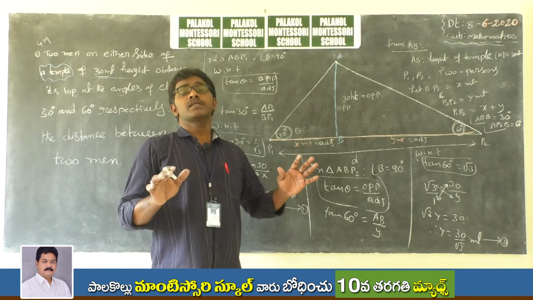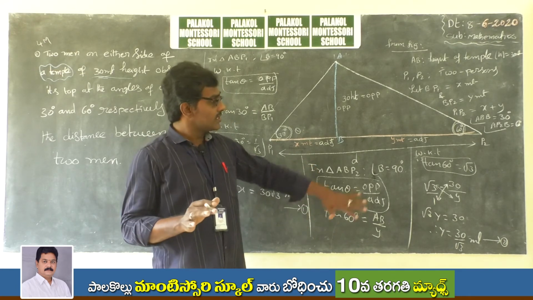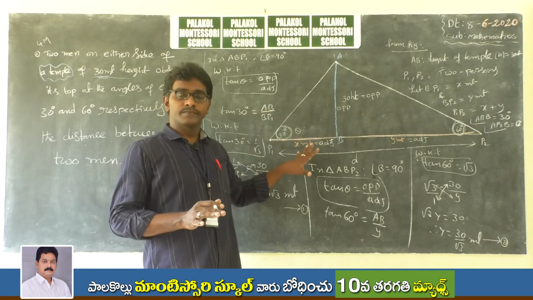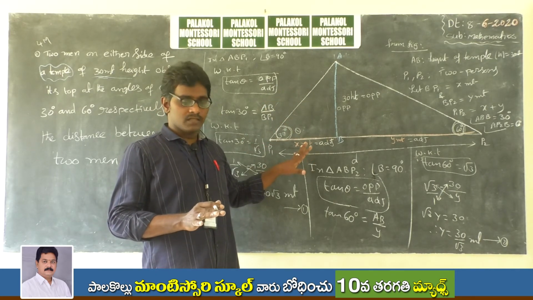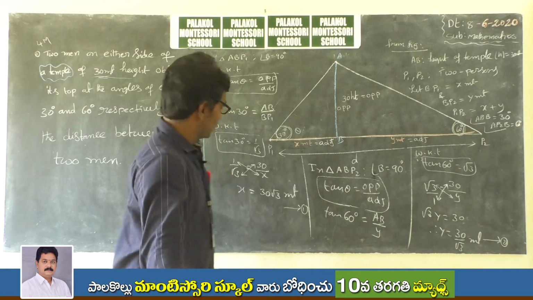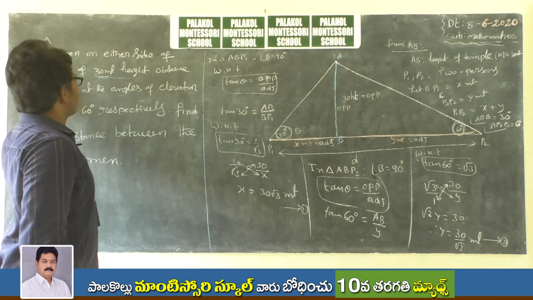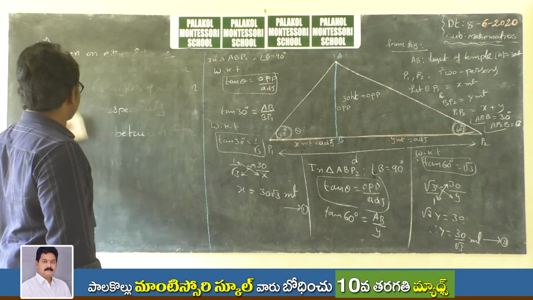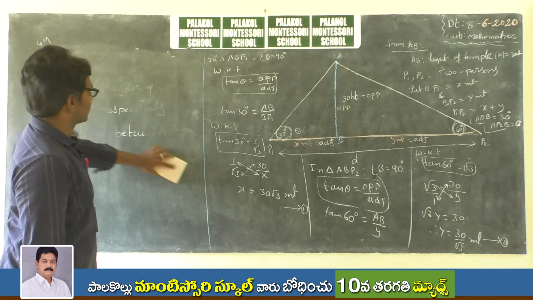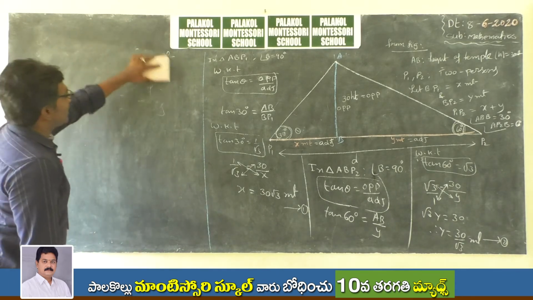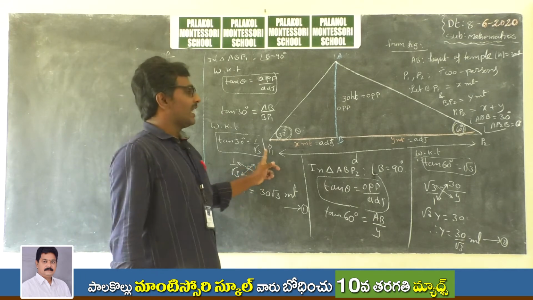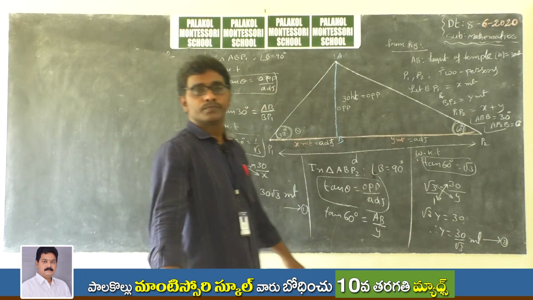Guys, the sum is not over. In this part, have you understood? Okay, is it clear? Now see, the last and final step: you find the distance between the two persons, simply represented as P1 P2.